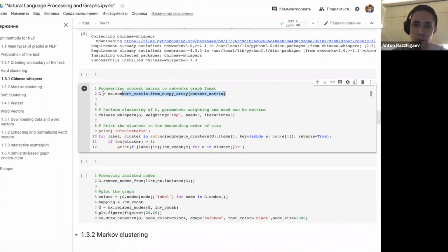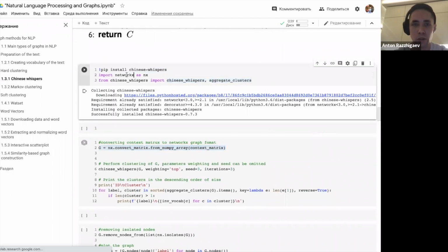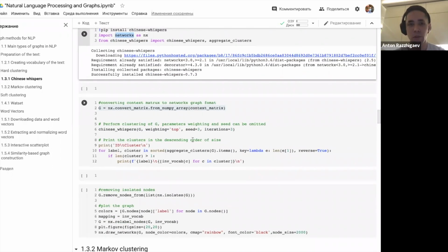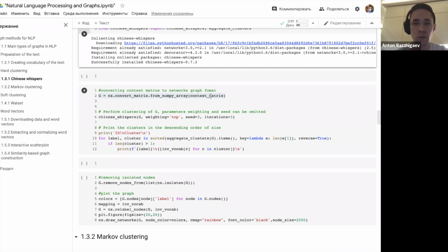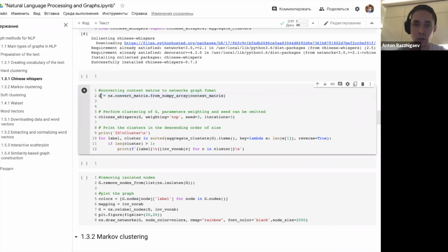First of all, we need to convert our adjacency or context matrix from NumPy format to NetworkX, to the format of this library. This is a universal format which represents graphs in a very efficient way. So we convert our matrix to a graph in this line.